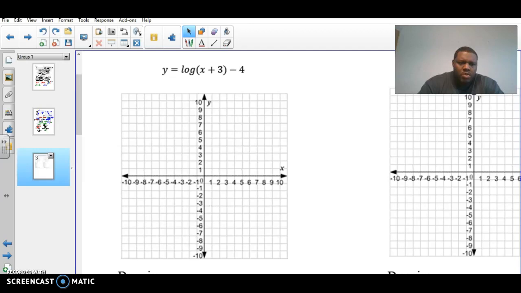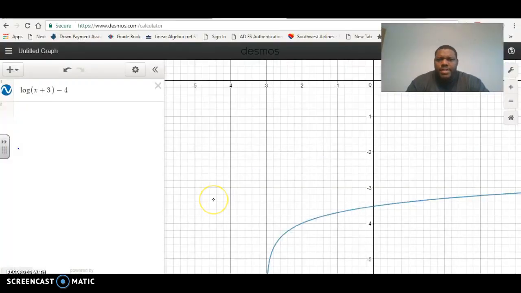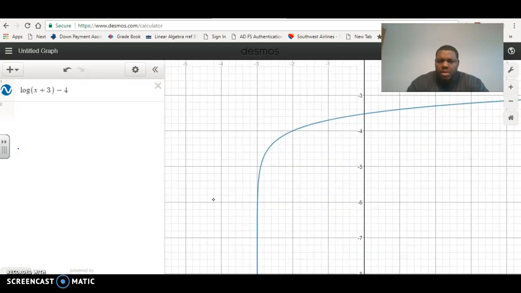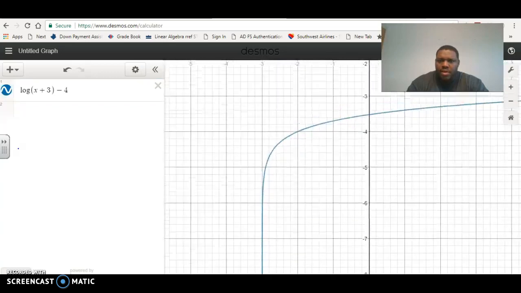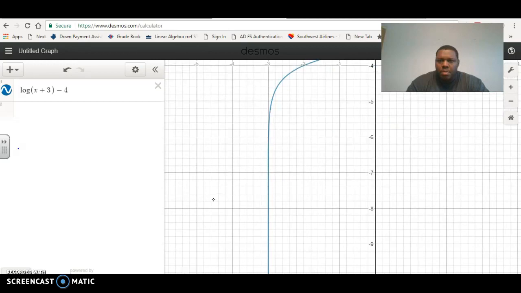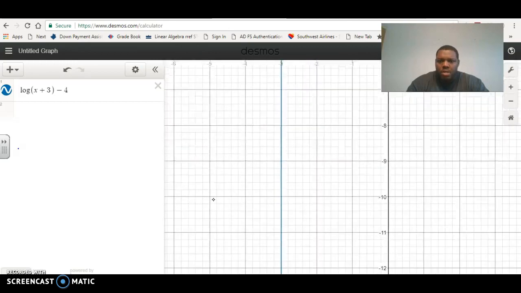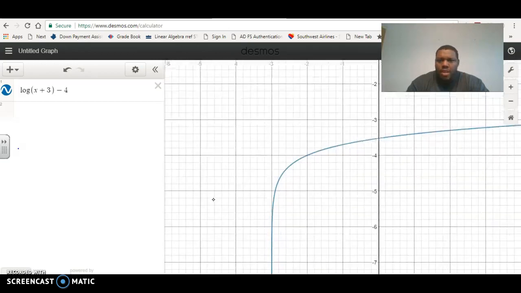Looking at this graph, the furthest left that this graph is going to go is -3. It doesn't go past -3 because -3 is an asymptote. You'll see, guys, it continues infinitely, but it's an asymptote. So you guys graph this with your calculators.